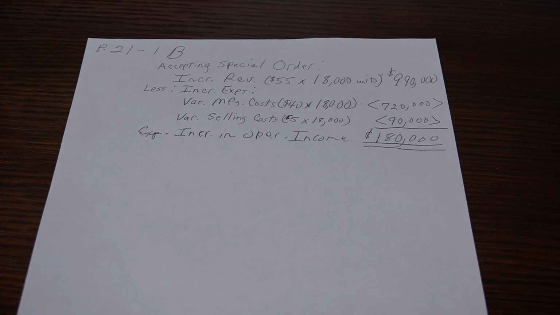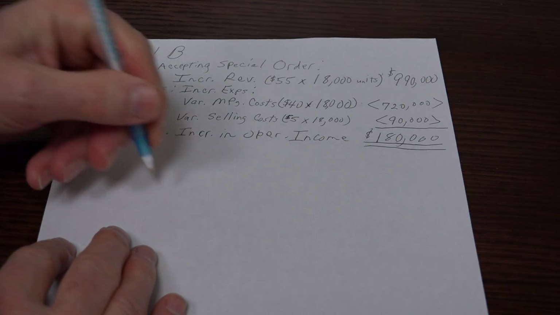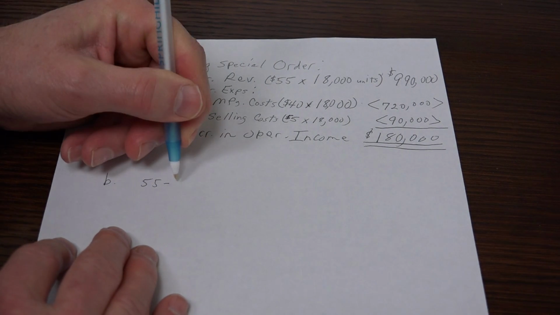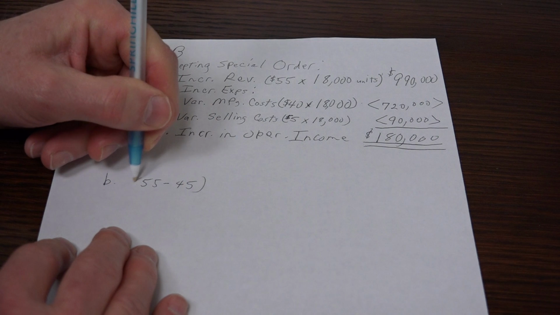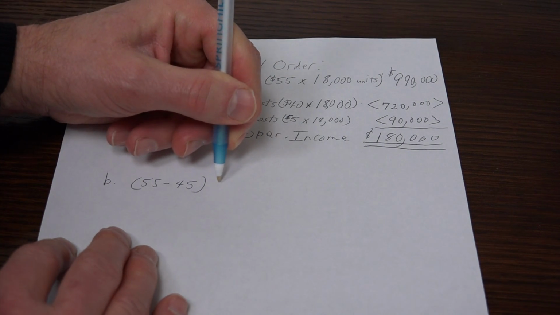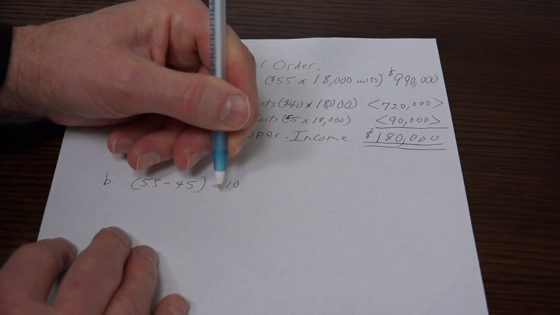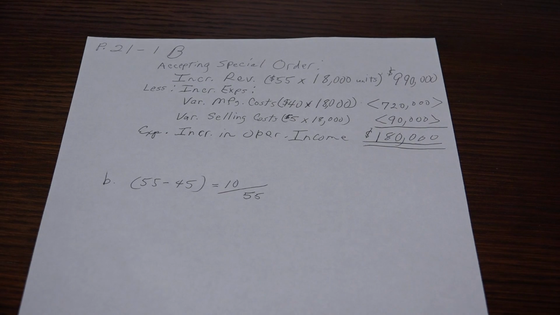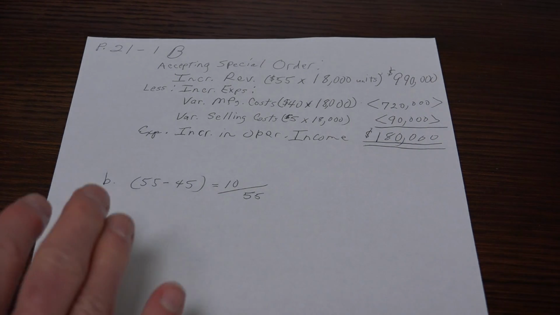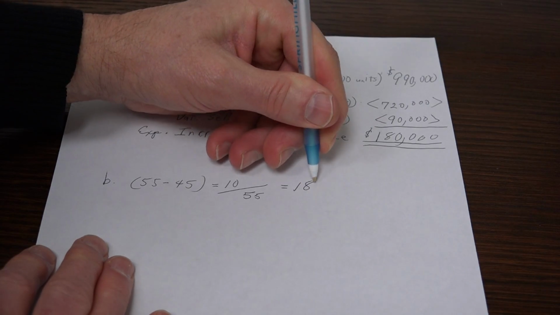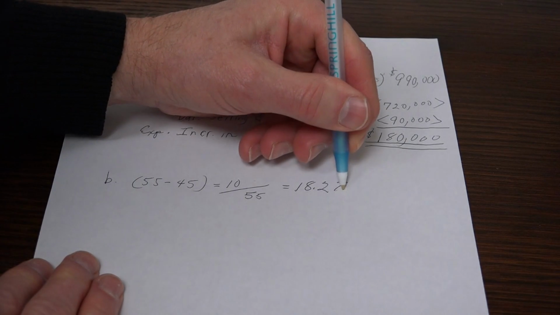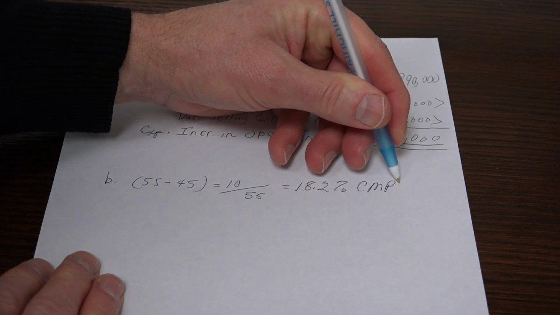There you take the 55 minus 45, and divide that into the total selling cost. That's only 18.2% contribution margin per unit for the special order stuff.